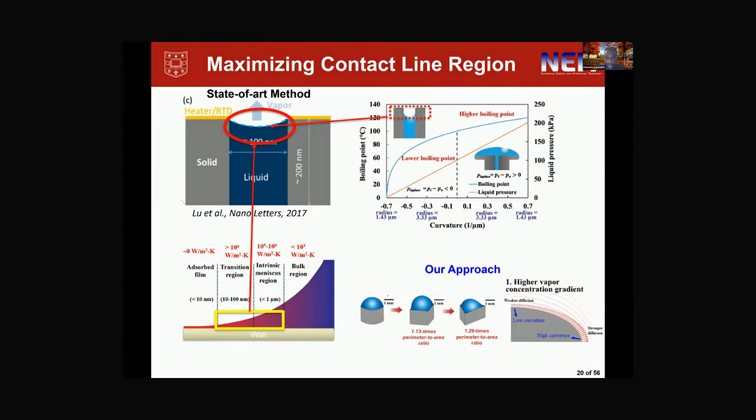Our approach here is to look at asymmetric droplets and to increase this contact line perimeter. The idea here is that we can increase the contact line perimeter to wetted area ratio. And this also, as we'll see, induces higher vapor concentration gradients along these curved regions.